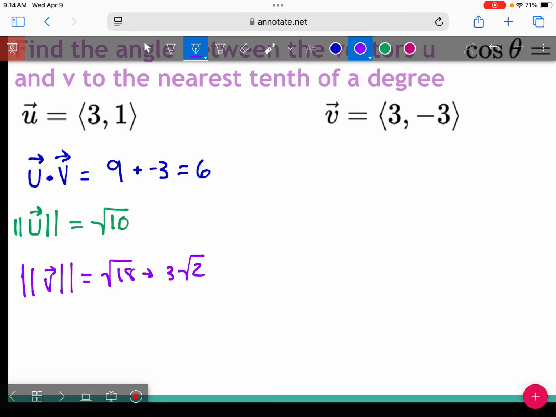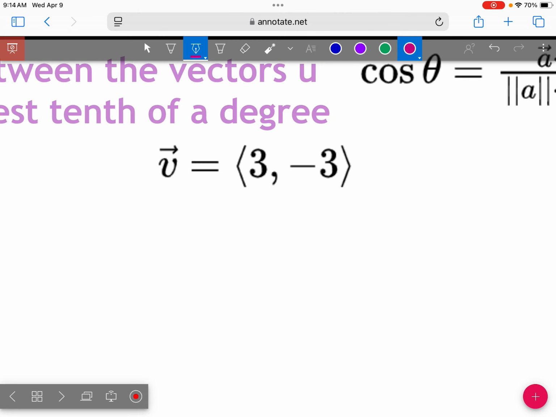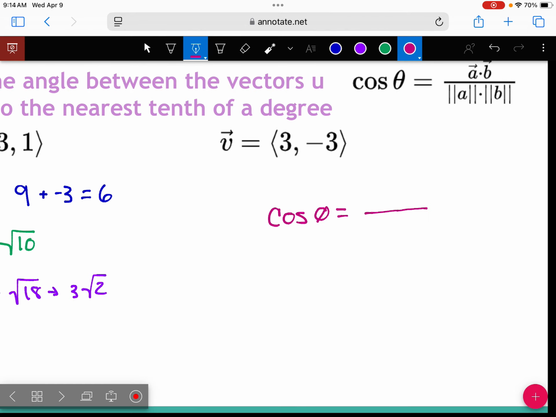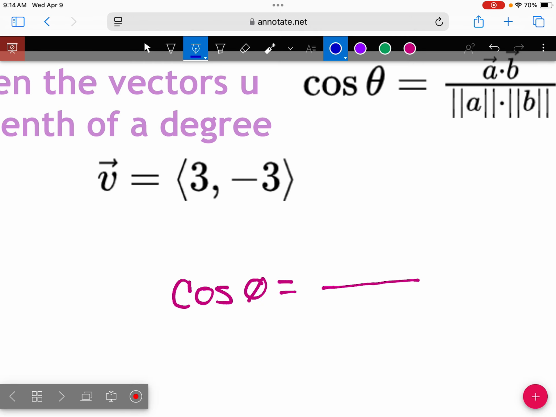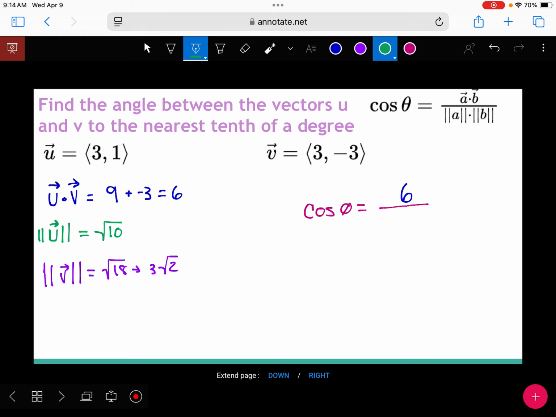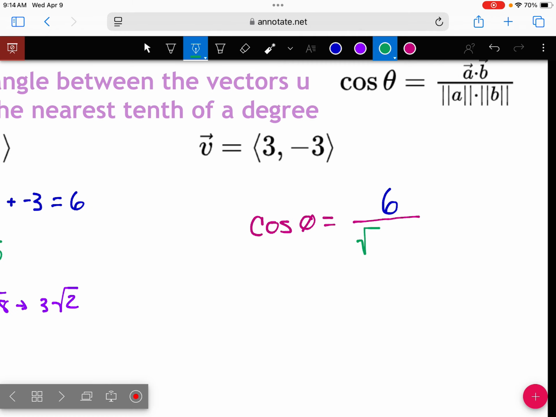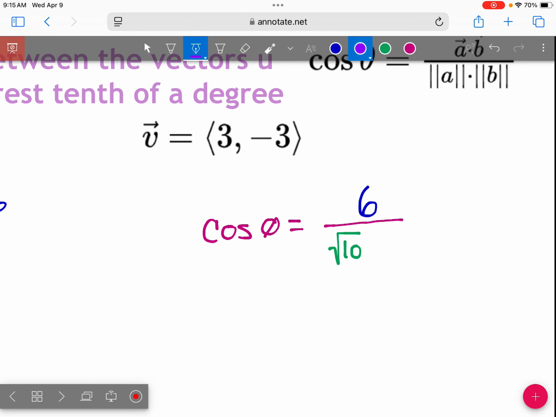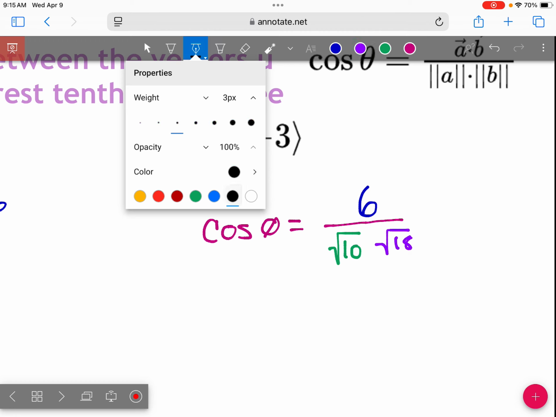Okay, so then we're going to find our angle. Cosine of theta is, and we're going to put this in our fraction. Our dot product goes on top, the 6. And in our denominator, we're going to have our square root of 10 and our square root of 18, or 3 root 2, however you wrote it.